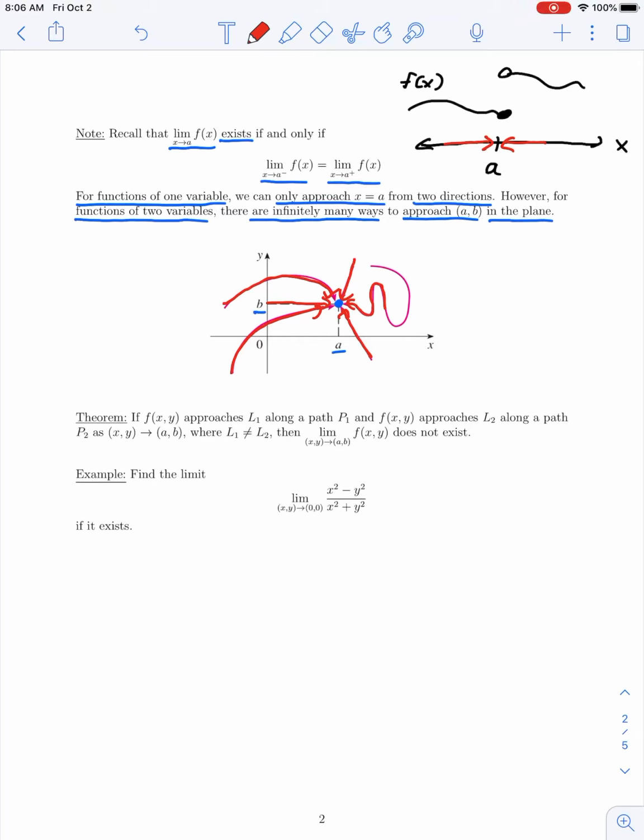As we saw from Calculus 1, if the left and right hand limits of a single variable function don't agree at a point, then that limit does not exist. So we have a similar result for functions of several variables.